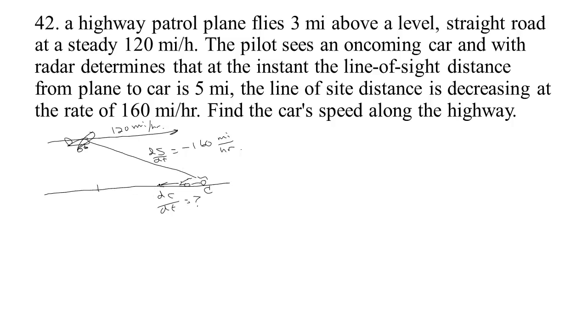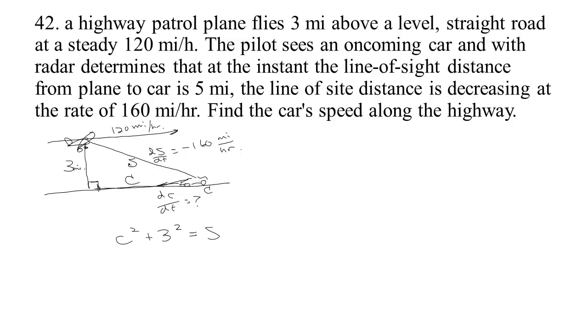Now, I can see that there is a right triangle here, and we've got this length c. It's 3 miles above this level, so if it's just staying at the same altitude, that number will be constant. And so the relationship between this number c and this vertical, that would be 3 squared, is going to be equal to the hypotenuse squared.